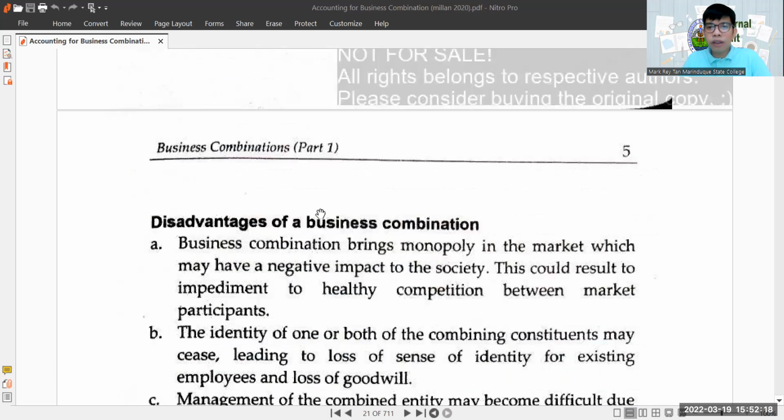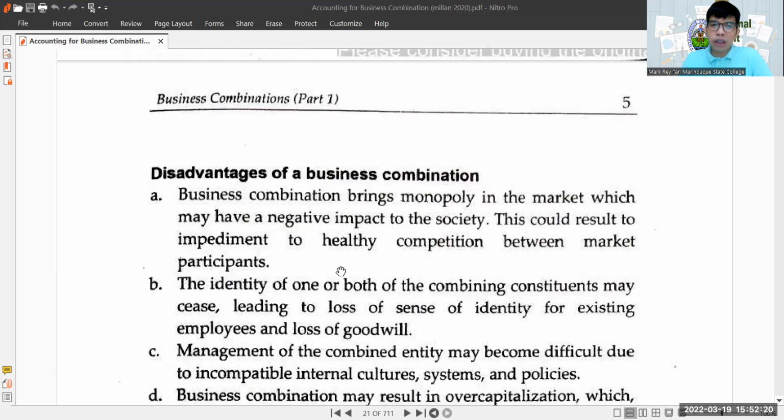How about disadvantages? Dito to discuss one, ito naman monopoly. So in relation to the first advantage kanina, kung wala nang kompetensya yung business sa isang market, it looks parang monopoly na yung dating.